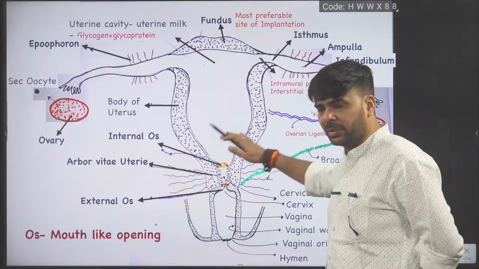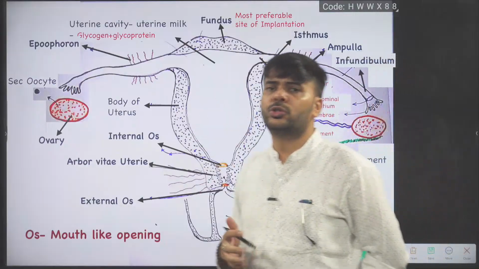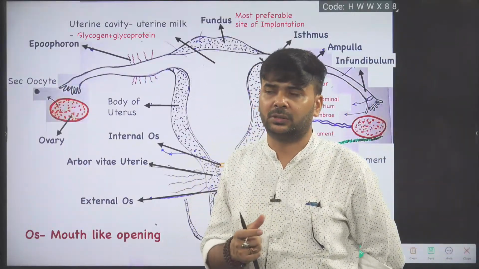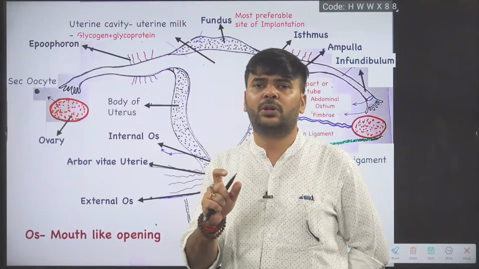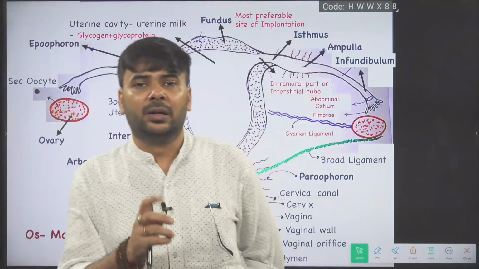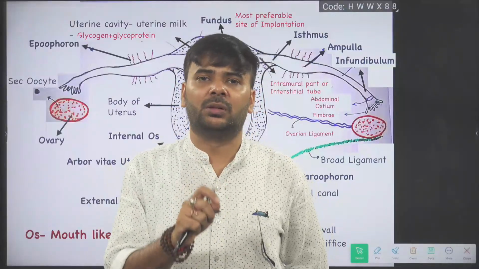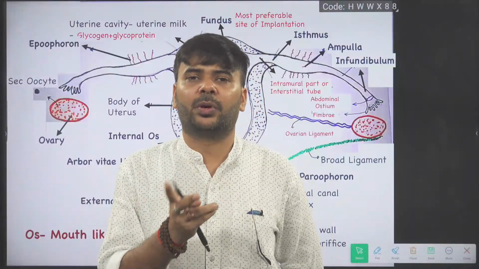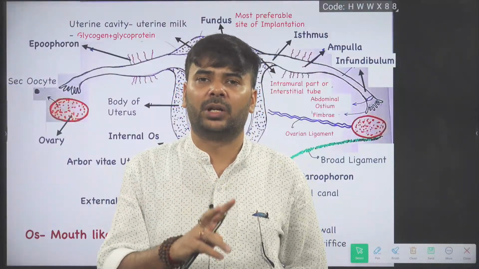They maintain temperature and they are responsible for oocyte formation or egg formation. In testes, sperm formation. Sperm formation in human male requires less temperature than body temperature. 2 to 2.5 degrees Celsius less than body temperature.